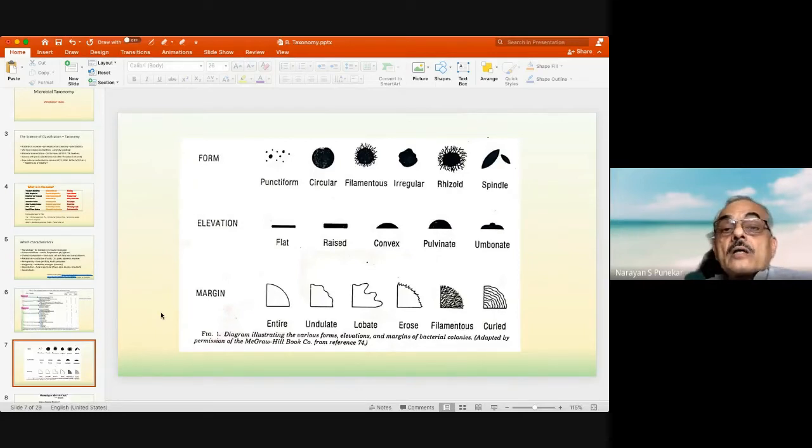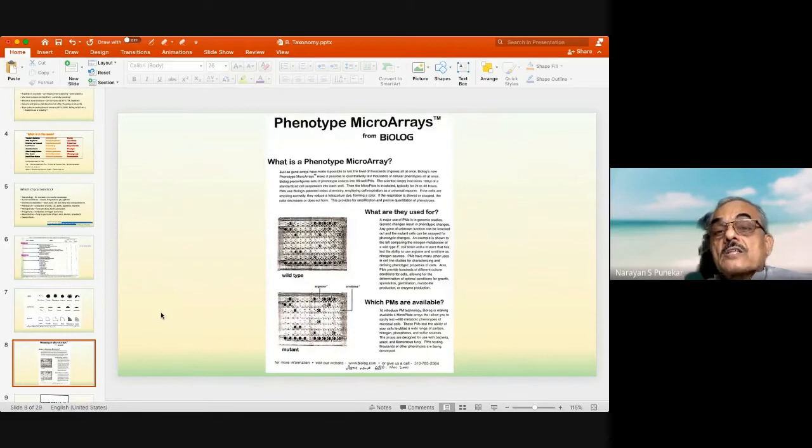Because taxonomy became very important, and many people were not aware of how this is done, there are also services available today where you can do taxonomy, not necessarily by molecular tools, but also by phenotypic characterization. Here is an example. This is an advertisement taken from American Society for Microbiology News, November 2000.